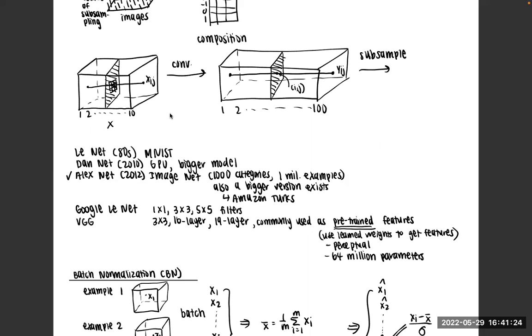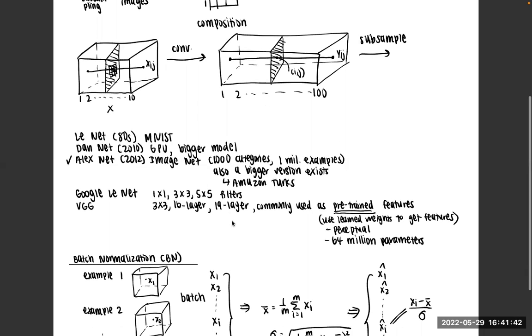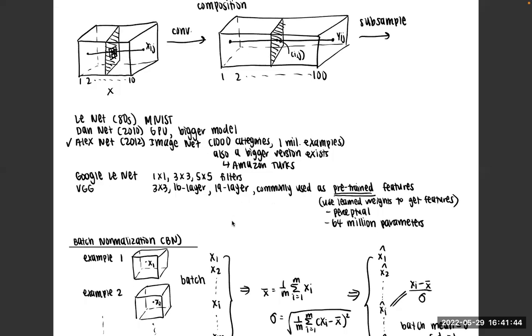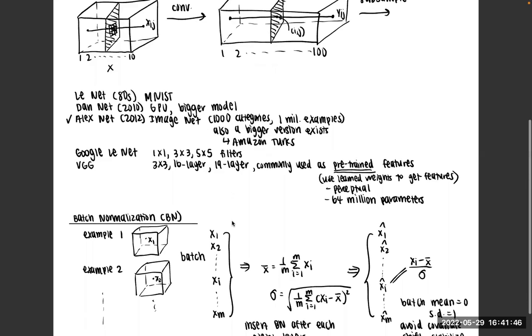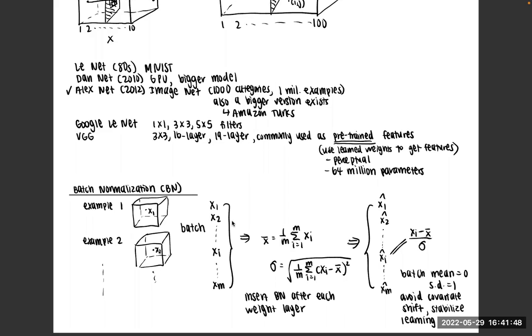This somehow stabilizes the so-called covariate of the input. In statistics, people call X the input the covariate, and then you learn to compute Y from this X. So by batch normalization, you avoid the covariate shift, so that you make the training more stable and also more efficient, so it converges hopefully faster.